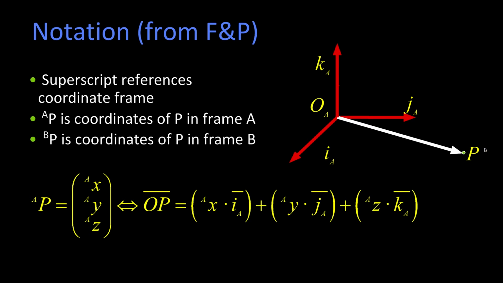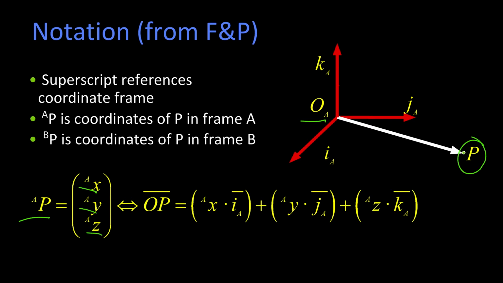So here I have some point P, and I've got the A coordinate frame. The expression of the location of point P in the A coordinate frame can be thought of in a variety of ways. You can think of it as the location x, y, z in the A frame.